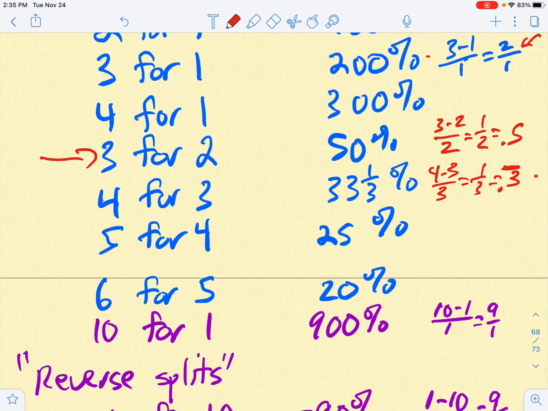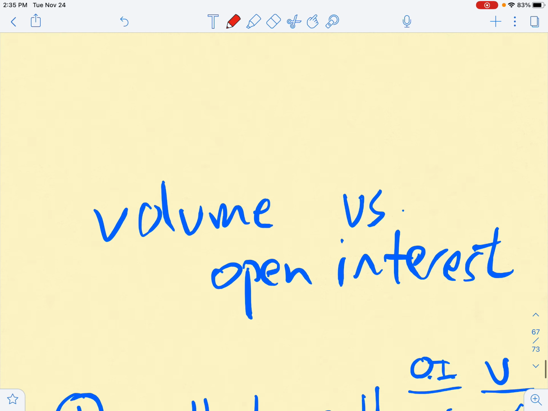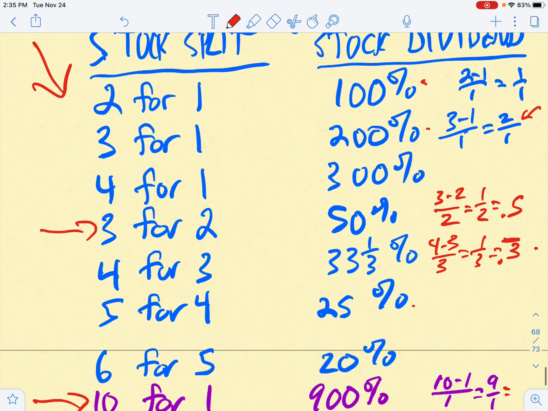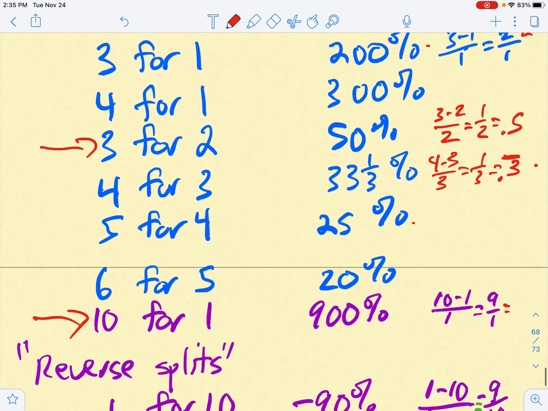A 5 for 4 stock split is a 25% stock dividend. A 6 for 5 stock split is like a 20% stock dividend. How about a 10 for 1 stock split? It's like a 900% stock dividend. 10 minus 1 over 1 equals 9 over 1, 9 decimal. Sorry. That equals 9, and 9 decimal is 900%.